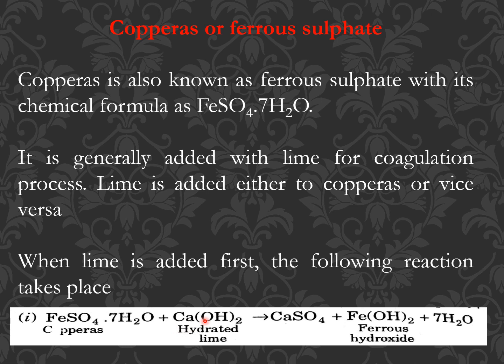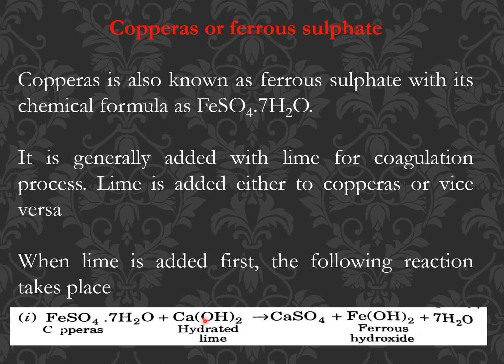So that is called hydrated lime. Normal lime is CaO, calcium oxide. When it is added with water, that calcium oxide is converted to calcium hydroxide. Hydrated means water is added to the lime so that a chemical reaction takes place and the calcium oxide is converted into calcium hydroxide.